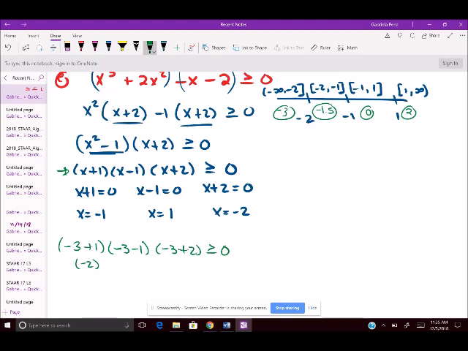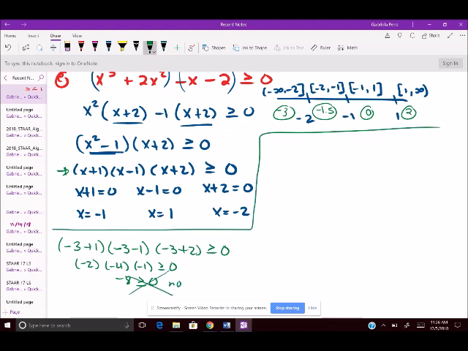Negative 2, and negative 3 minus 1? Negative 4, and negative 3 plus 2? Negative 1. So when I multiply those easy numbers, that becomes a positive 8, and then positive 8 times a negative 1 becomes negative 8. Is negative 8 greater than or equal to 0? No. So this one's already out.